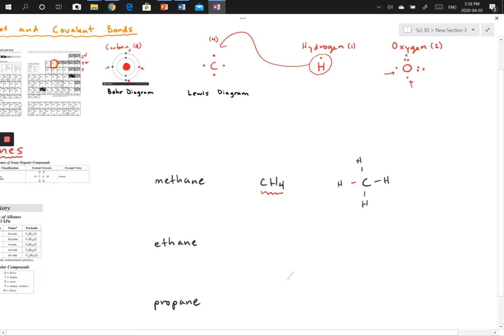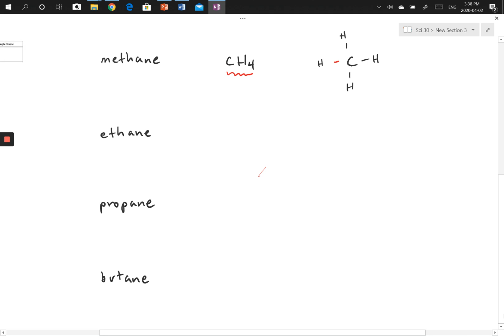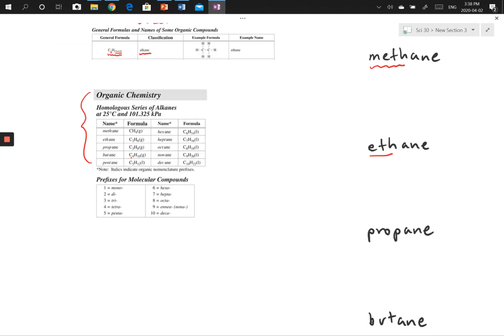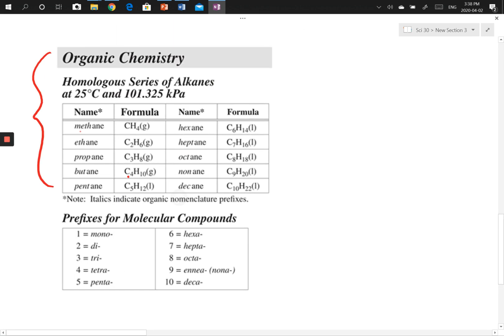So let's look at the first 4 alkanes here. So methane is another hydrocarbon. Now, meth stands for 1. And that means it's a 1-carbon compound. Now, if we look over in our data booklet, we have this handy chart. So meth means 1 carbon.